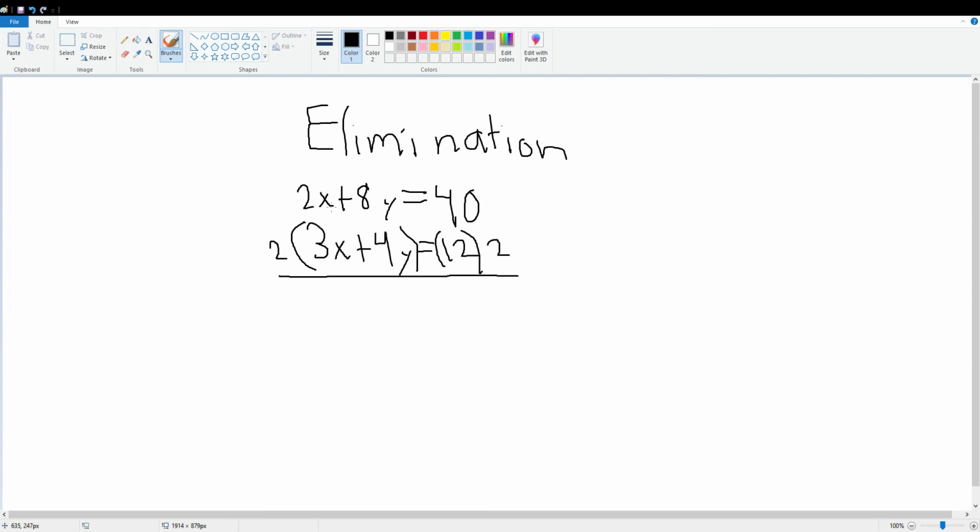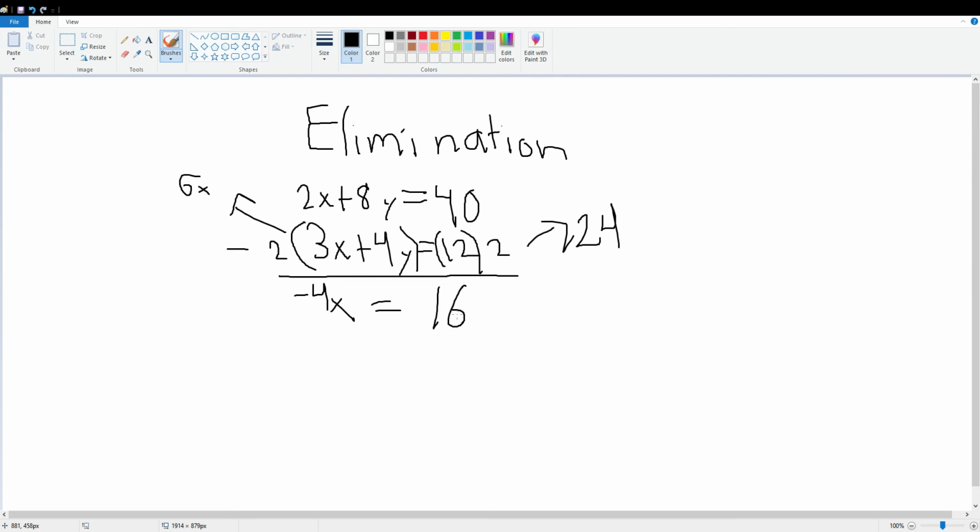So when we're subtracting here, we're getting 2x minus 6x, which would be negative 4x. 2 times 4 is 8y, and 8y minus 8y is 0. And then we have 40 minus 24, which would be 16.